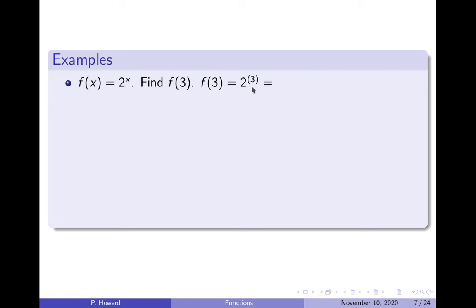In parentheses, I recommend. This, however, is one of those cases where the parentheses are not necessary. And 2 to the third, as we know from our earlier discussion of exponents, is 2 times 2 times 2, which is 8.